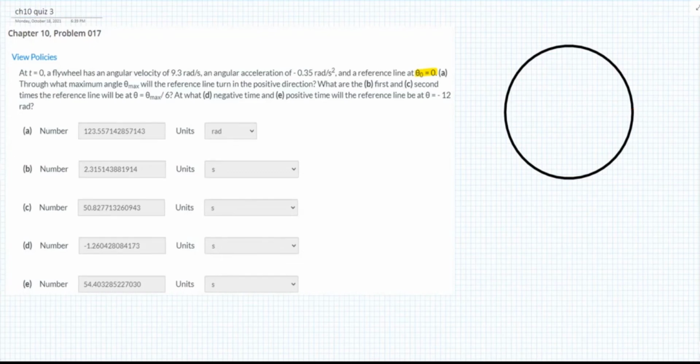Let me try that again. Uh-oh. While I restart, reference line at time equals 0. They're saying we've selected a reference line, and the reference line we selected is at zero radians.